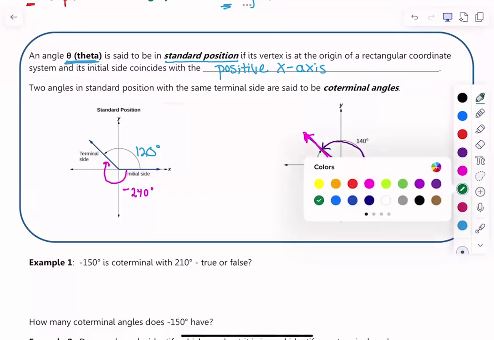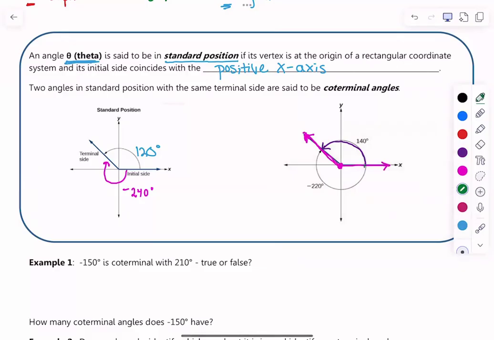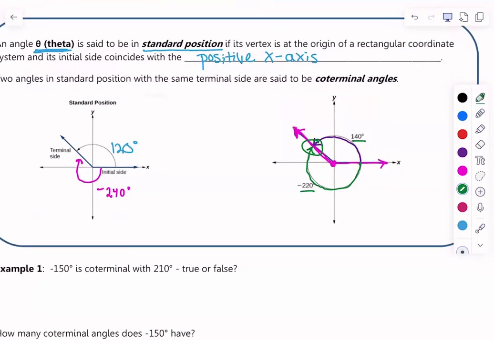Well, if we go the opposite way, clockwise, and we end at the same spot, that's negative 220 degrees, because we're just completing that circle. Those angles are saying that 140 and negative 220 are in fact coterminal angles.